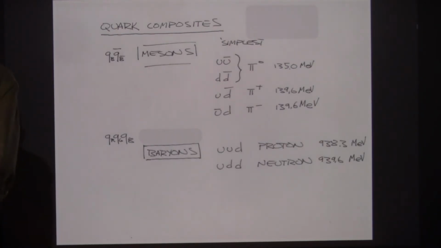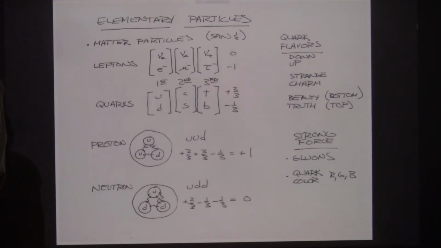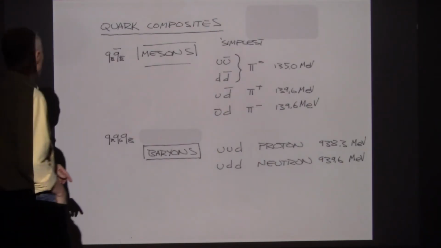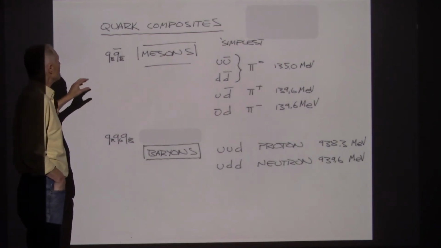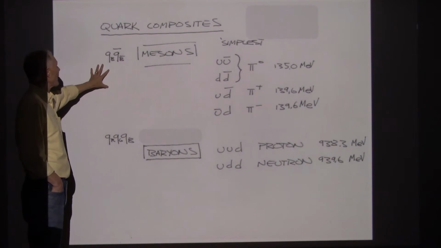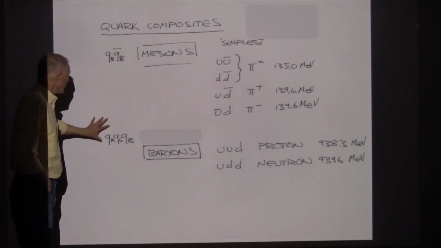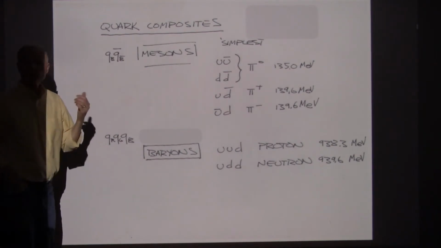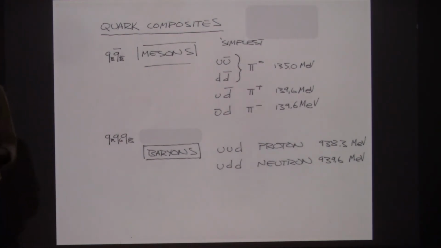Okay, so getting back to the strong force. Let's take a closer look at this. The mathematics, the models that were developed in describing quarks, come up with two patterns of quarks that are attractive. I don't want to use the word stable because we have to be careful about which of these particles are stable, which are not.